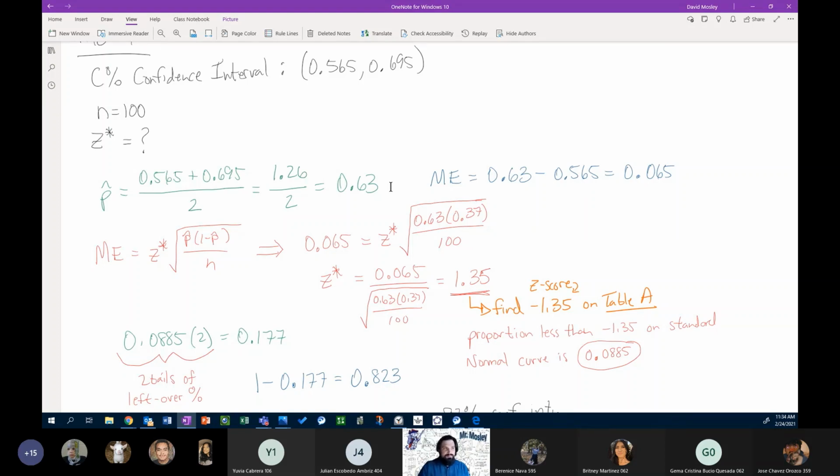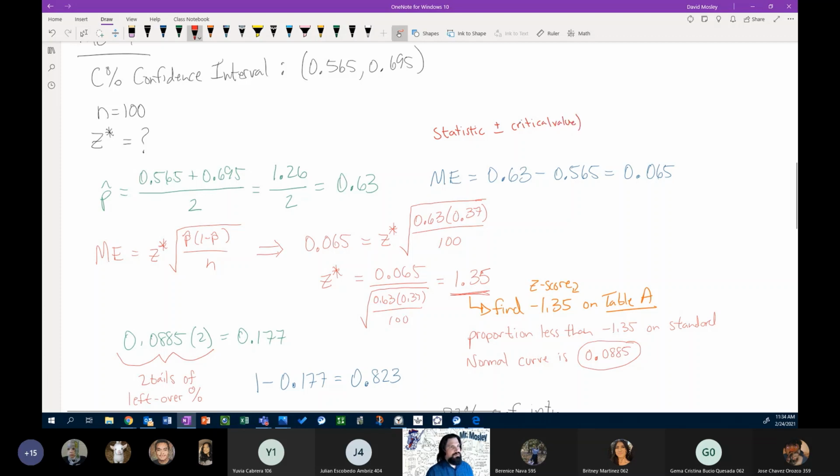From that, I can calculate the margin of error. The regular formula we're dealing with is our statistic plus or minus the critical value, which is Z star, times the standard deviation of the statistic.